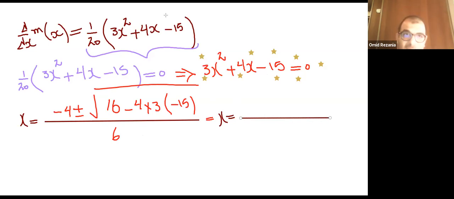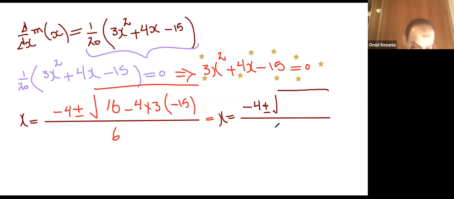Okay, now we have this one. We have minus 4. I'm going to keep minus 4 here, plus or minus. Let's come to this one. I have minus 15 times 3 times 4. It becomes 45. 45 times 4 becomes how much?